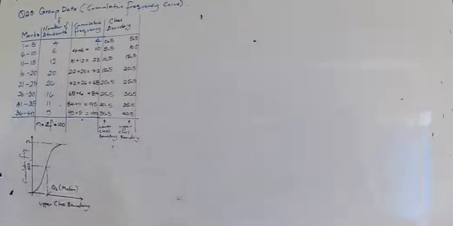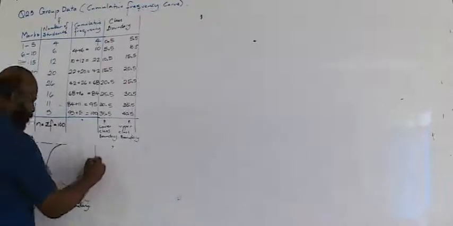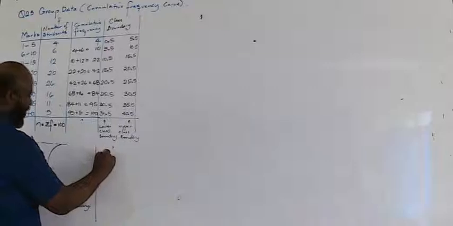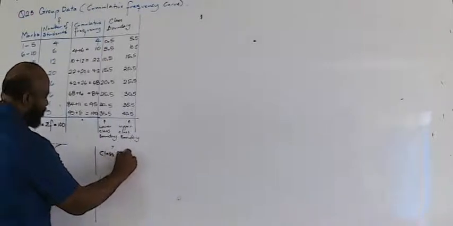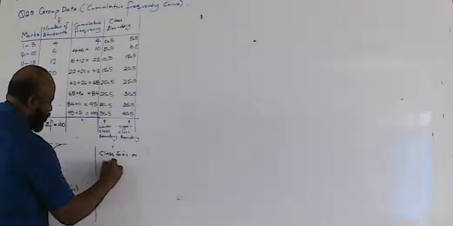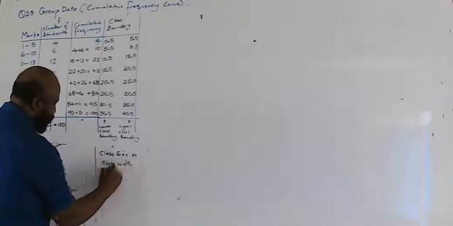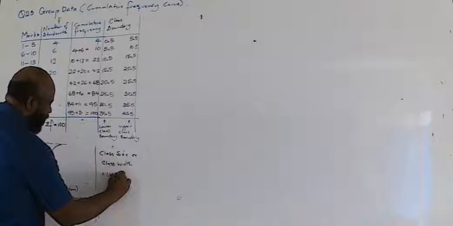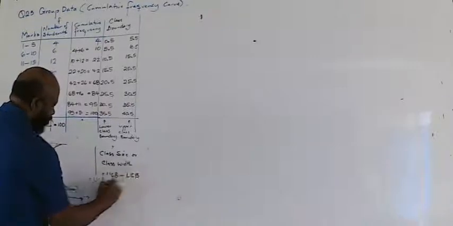Alright, how do we get the class boundaries? We add 0.5 to the upper limit and take away 0.5 from the lower limit. There are some other things I mentioned in previous videos, for example, the class size or class width is equal to the upper class boundary minus the lower class boundary.